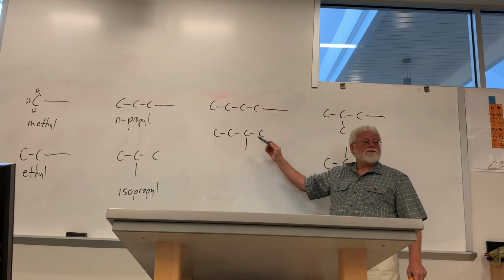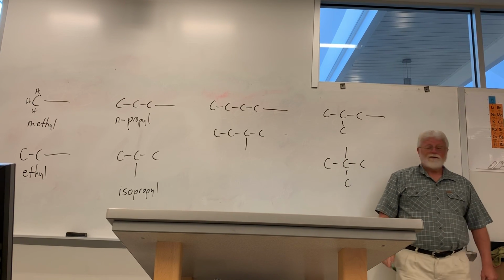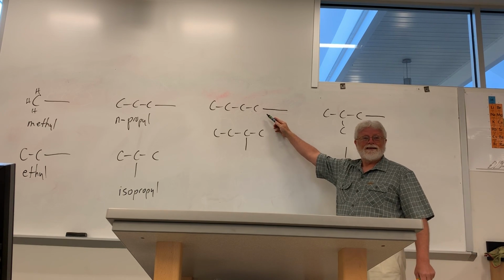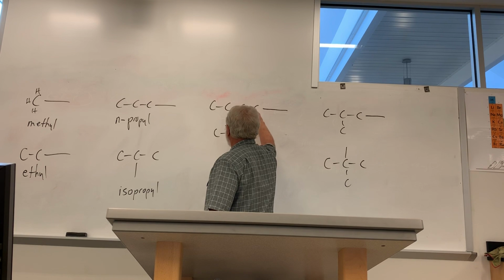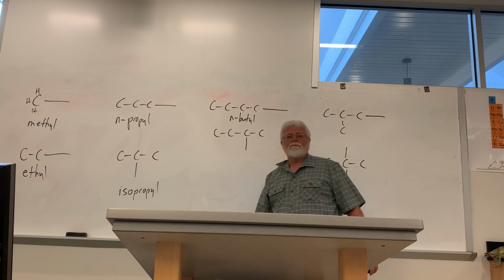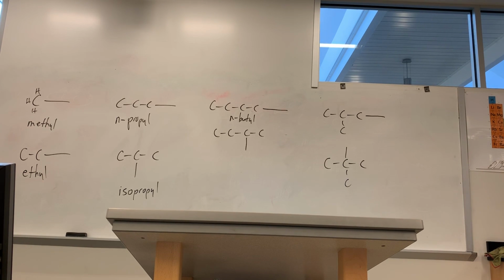This is a butyl group, this is a butyl group, this is a butyl group, this is a butyl group. What do you think we call this one? Yeah, N-butyl for normal butyl. With propyl it was easy, we only had one alternative.